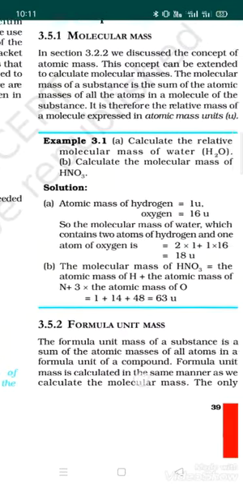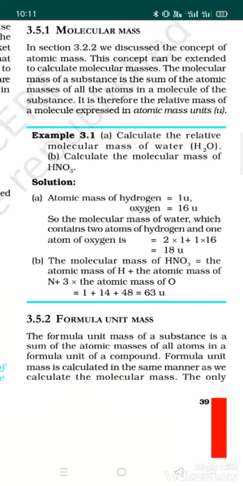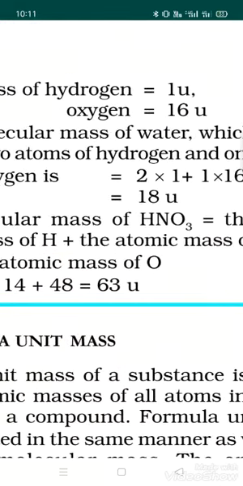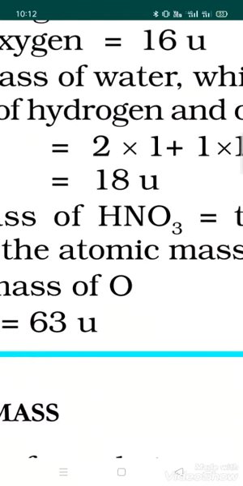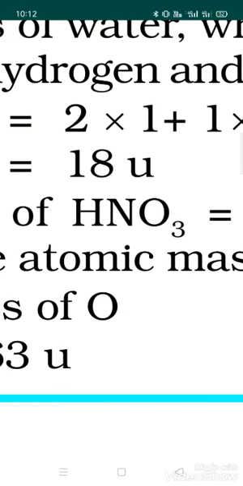In the B section you can see the molecular mass of HNO3, nitric acid. Here we have one atom of hydrogen, one atom of nitrogen and 3 atoms of oxygen. So we will add the atomic mass of one hydrogen and one nitrogen with the atomic mass of 3 atoms of oxygen.